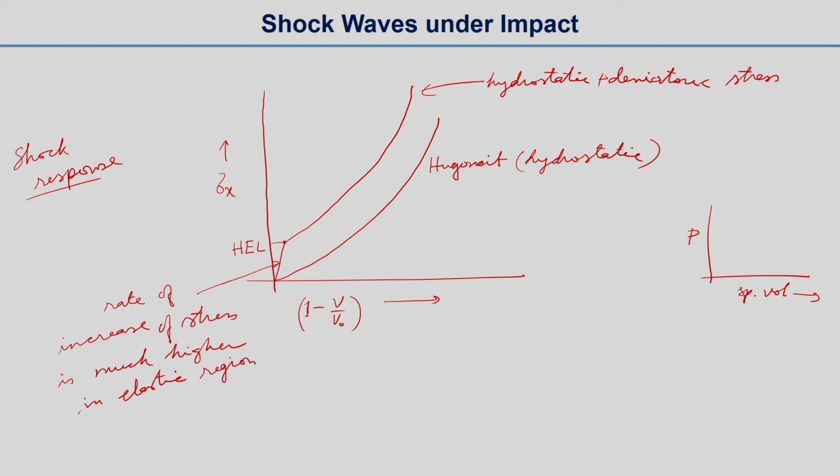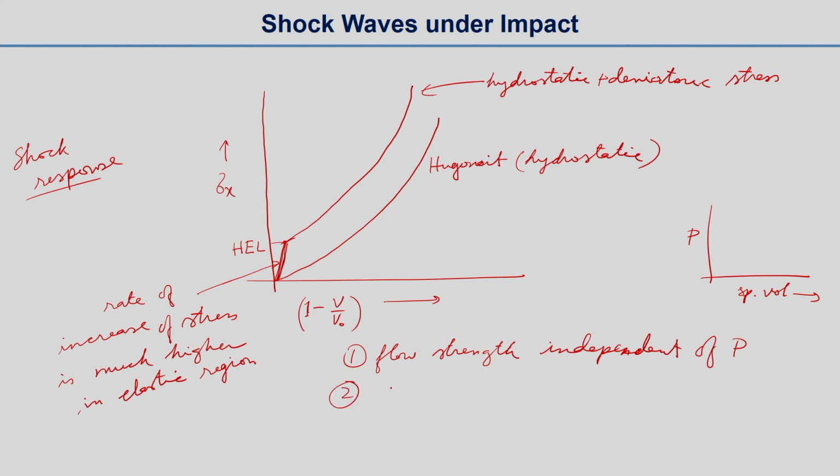And then there can be three cases here. The first case is that the flow strength of a material is independent of pressure P. So, let us say, this curve.